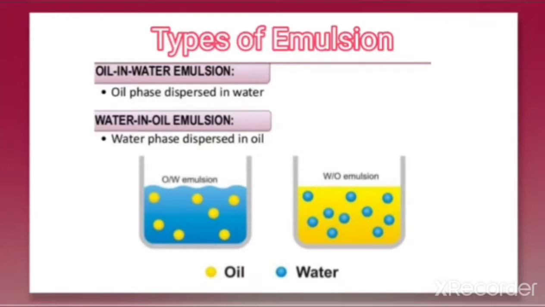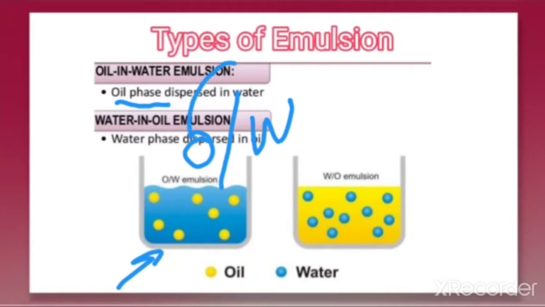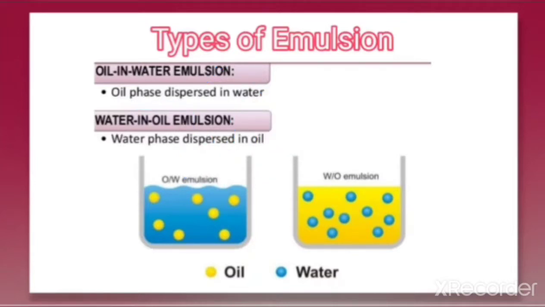Depending upon the dispersed phase and the dispersion medium, when the oil phase is dispersed in water, it is an oil in water emulsion, represented as O/W. It means oil is the dispersed phase and water is the dispersion medium, so oil is present in small quantity and water in large quantity.